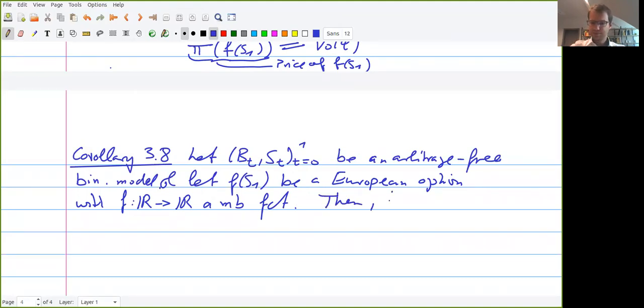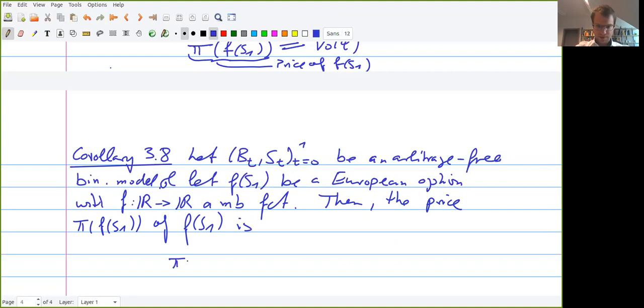Then the price P of F acting on S1 of the option F is, okay, let's write it out.